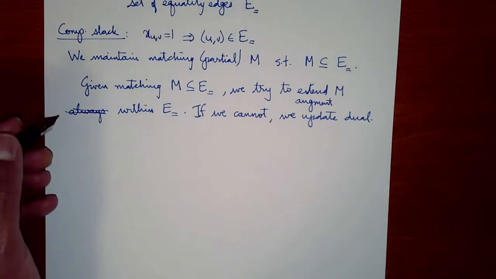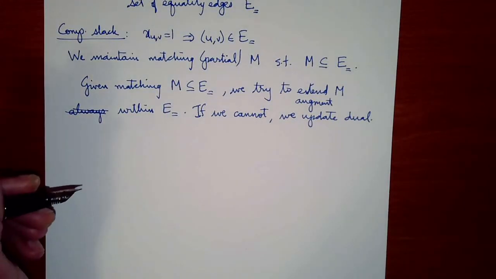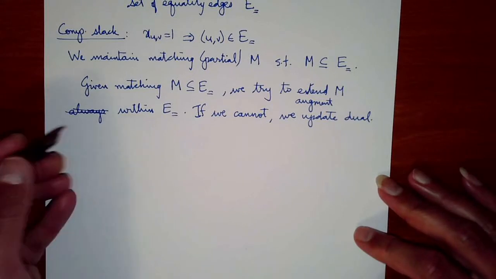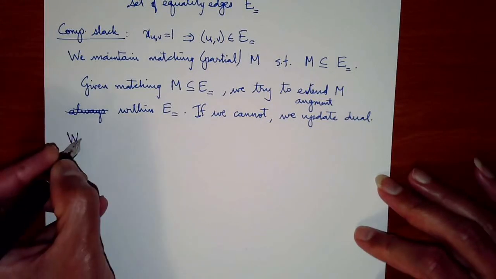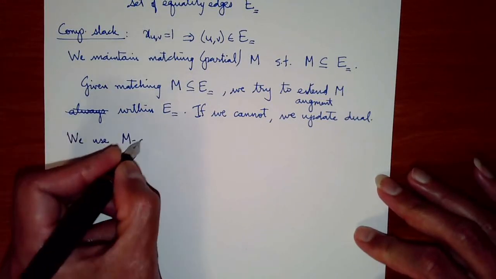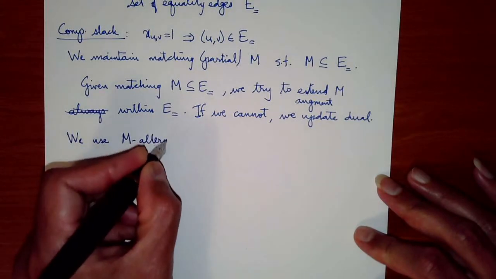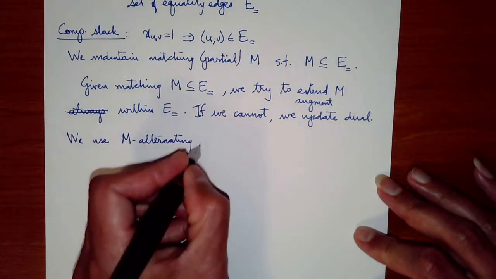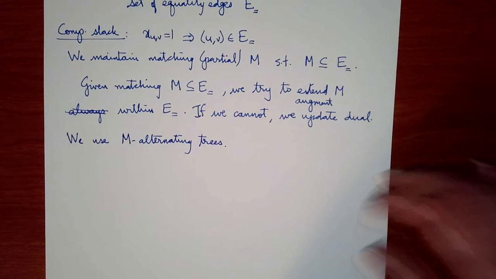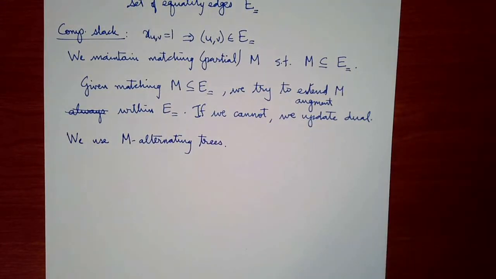All right, so having discussed the basic primal dual schema, we use alternating trees, and this was used first in the Blossom algorithm. So let me pull up my previous notes on alternating trees.